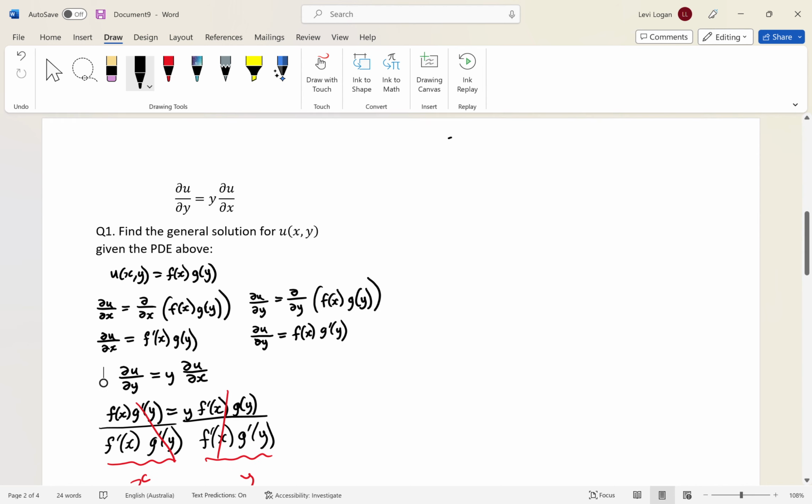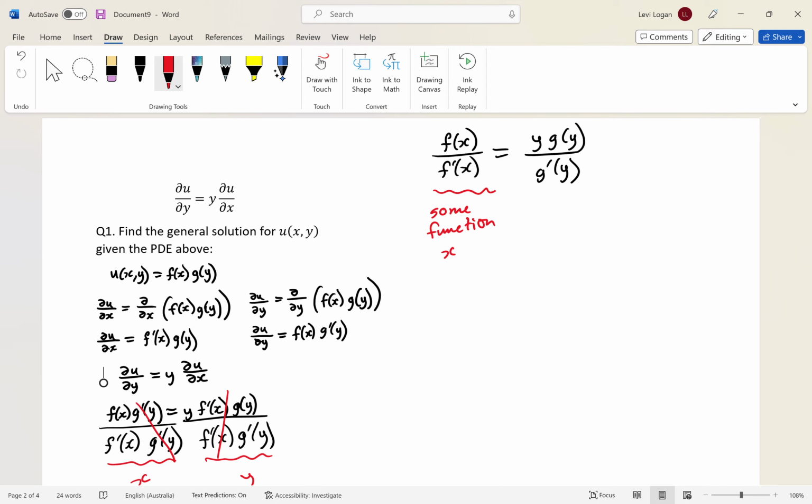That's fantastic. Now, for this to be true, if we just take a look at both of these, this left-hand side is just some function of x. Because it's just the function of x divided by its derivative, that'll just be equal to some other function of x. And this side is just some function of y.